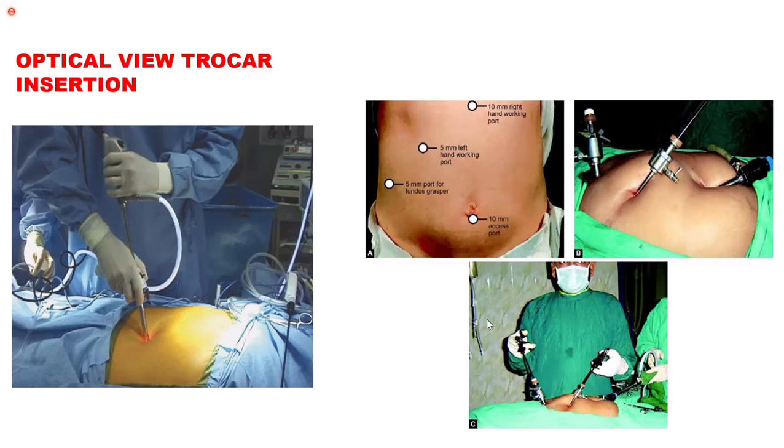Now what are these things? It's a laparoscopic ports. They are called ports. Okay, so these are the port sites for lap chole. The first port will be put here, which is a 10 mm access port. Then they will put a 5 mm here and a 5 mm. This is called the left hand working port.